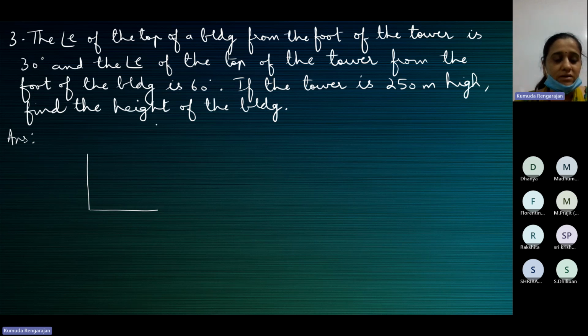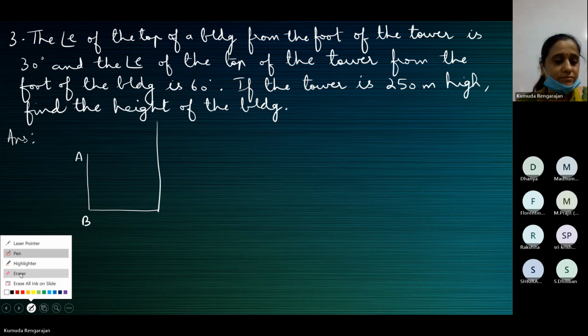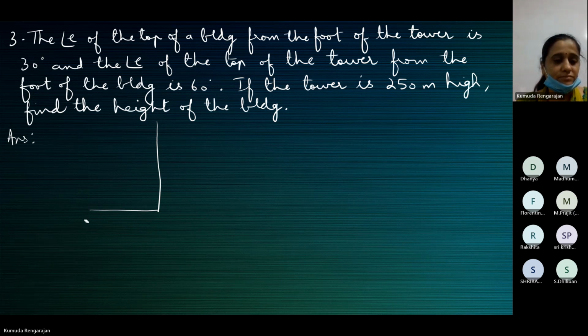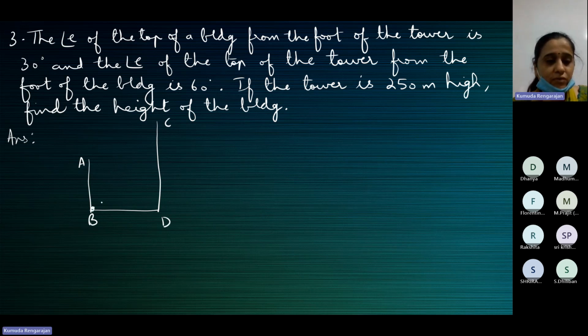Building, ground level, tower. So maybe AB. This is the position of the observer, and he looks at the top of the tower.